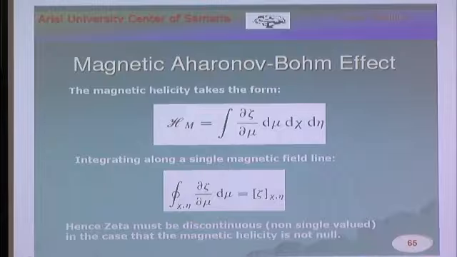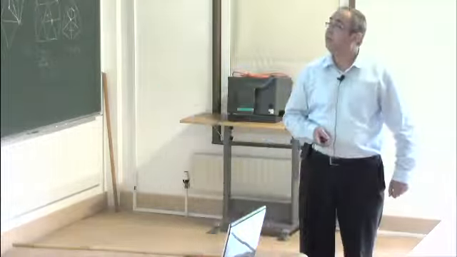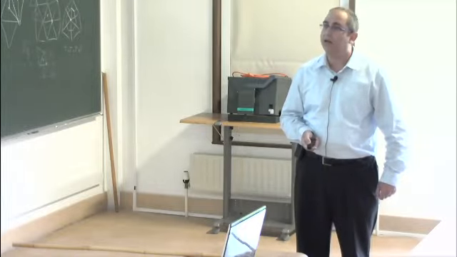So zeta is a type of an angle function. It's non-single valued. It must be discontinuous on some cut, for the magnetic helicity not to be null.